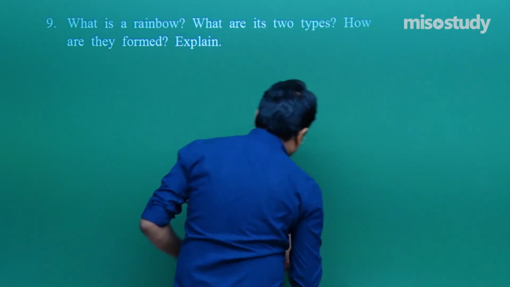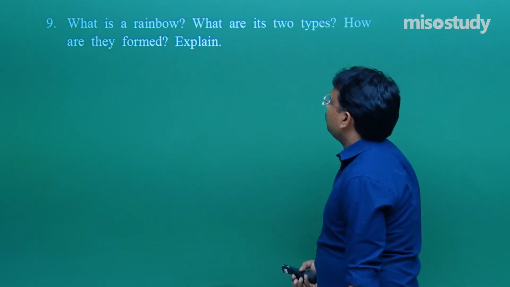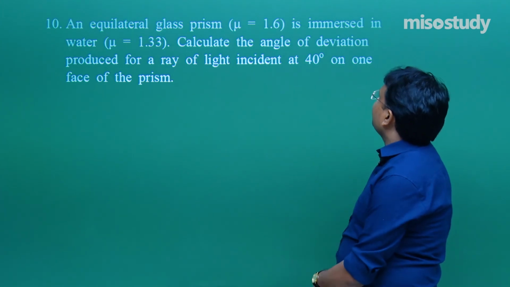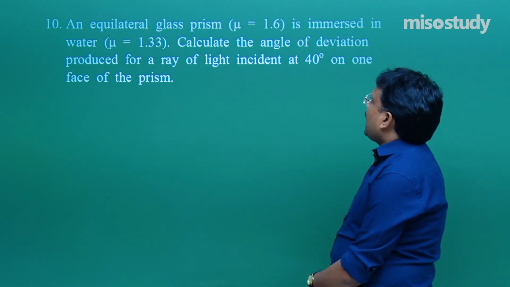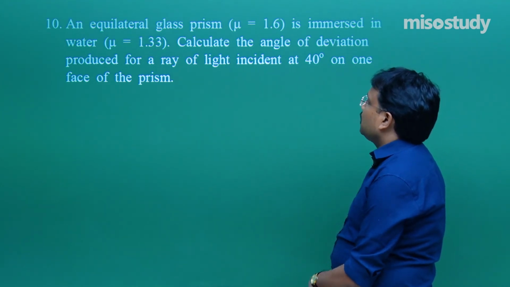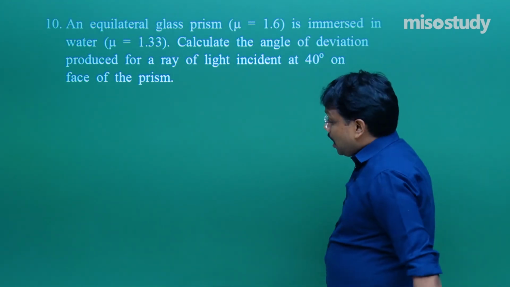Then comes question number 10. An equilateral glass prism is immersed in water. Calculate the angle of deviation produced for a ray of light incident at 40° on one face of the prism.